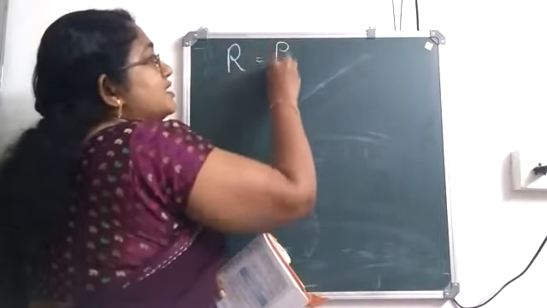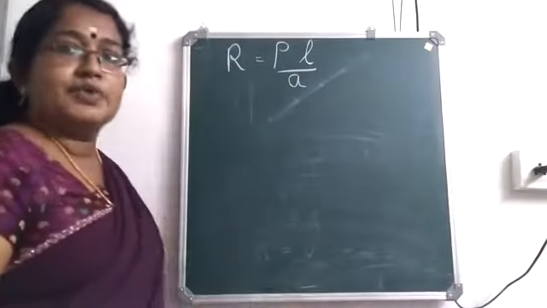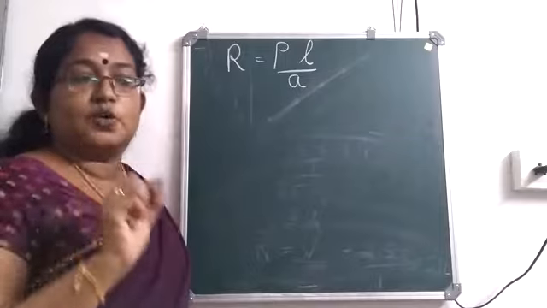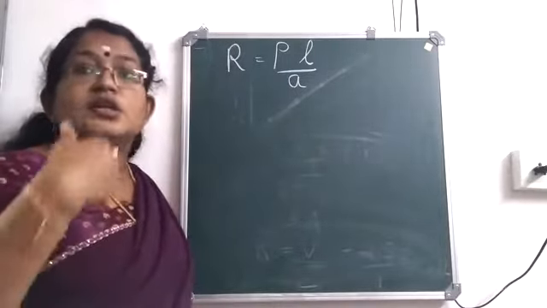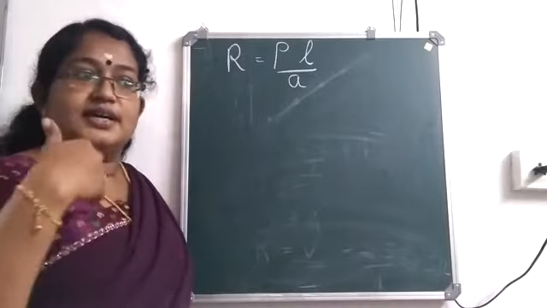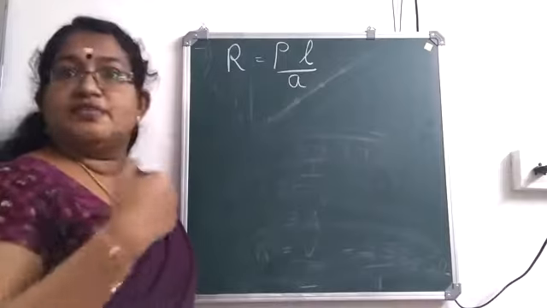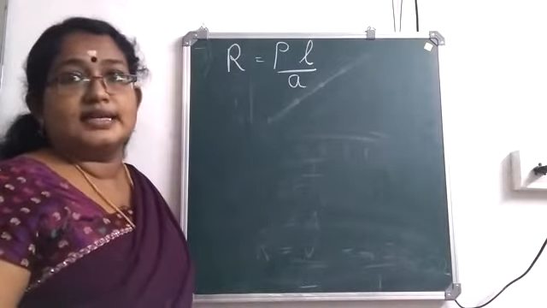Standard equation is R is equal to rho into L by A. Now, here it is a comparison, and already I told you, if a question is comparison, what should we do? We have to divide both, isn't it? First we will do with the actual equation, then with the changes we will write, then divide both the equations, you will get the comparison, isn't it?